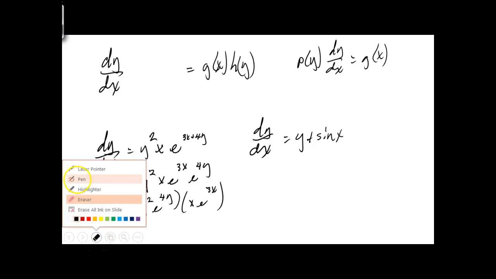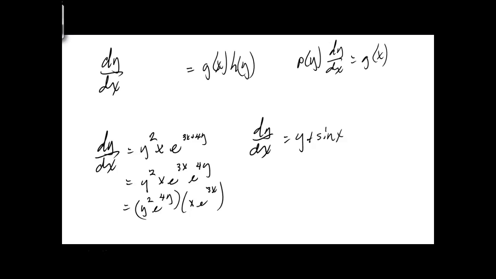Here's what we do, folks. Write it in differential form. That would be dy is equal to g of x, h of y, dx. Right? Is that legal in most states? Then divide both sides by h of y.